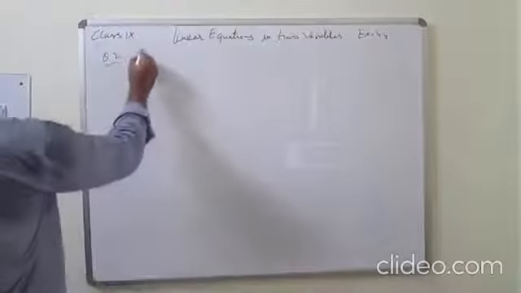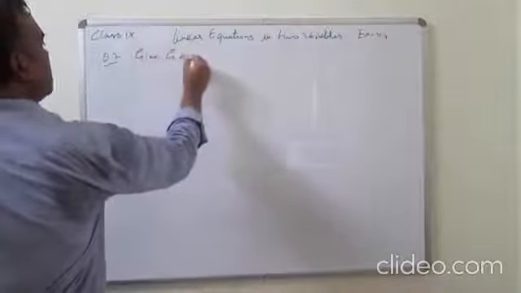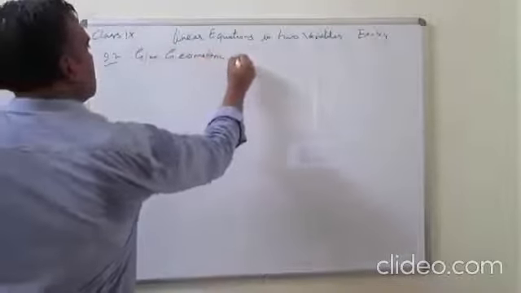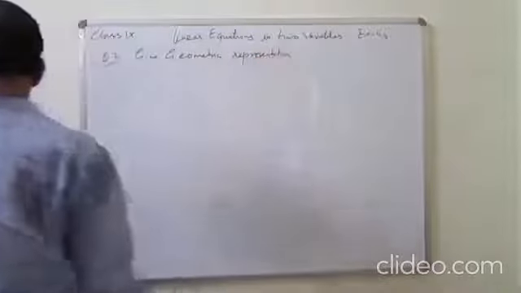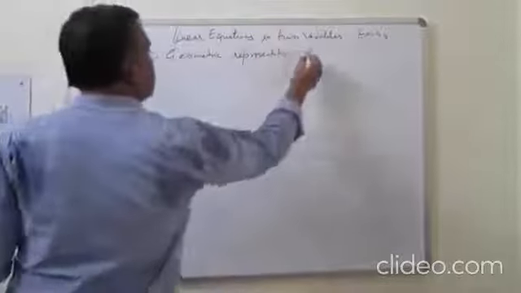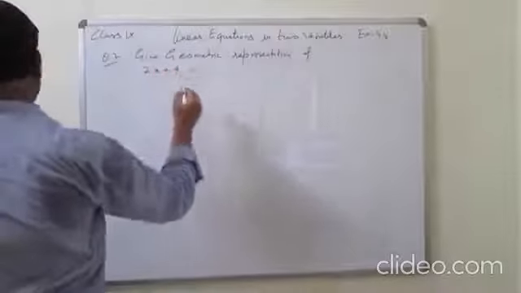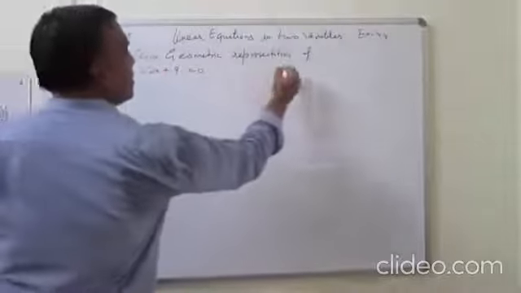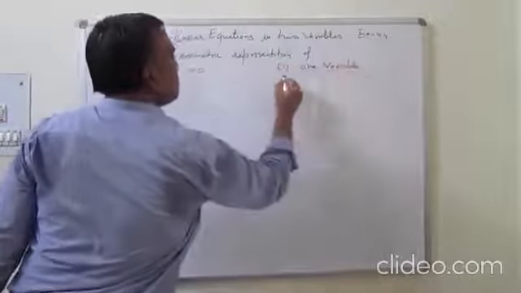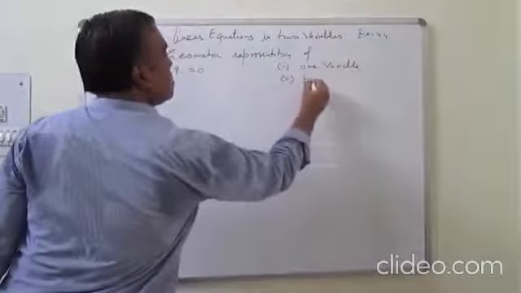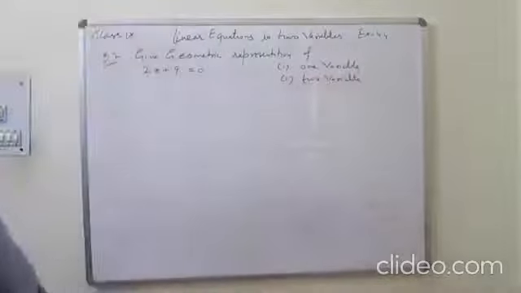Give the geometric representation of the given equation 2x plus 9 is equal to 0 in one variable, second in two variables.